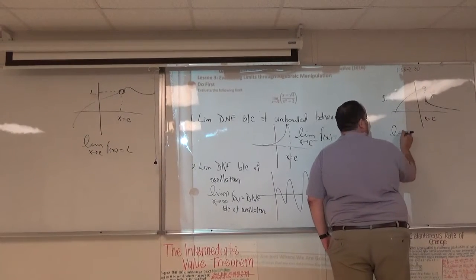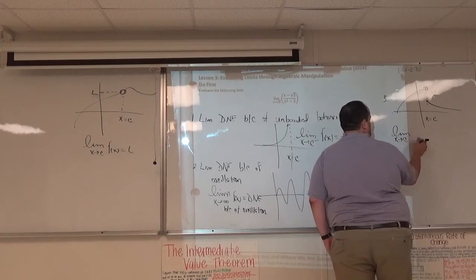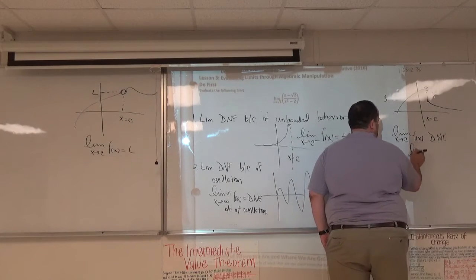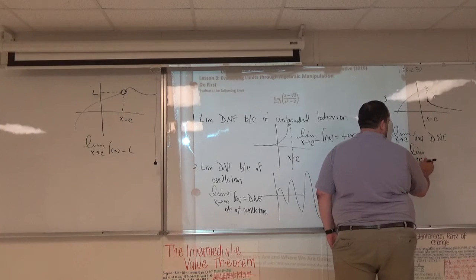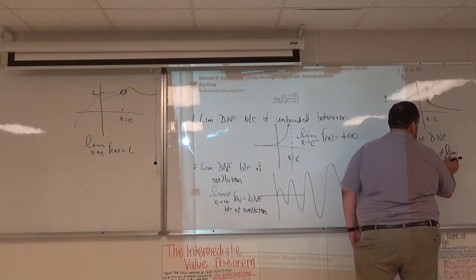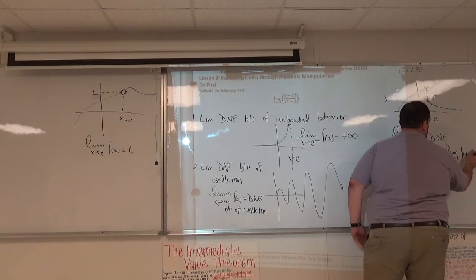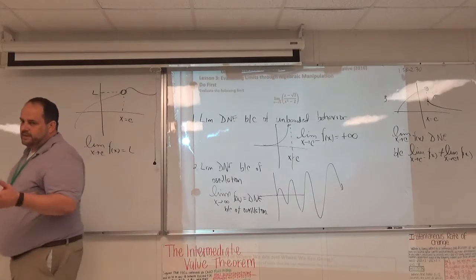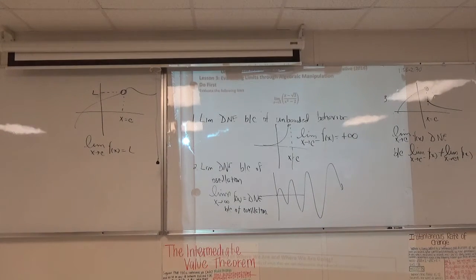Here's x equals c, and what I'd want to see on a paper is the limit as x approaches c of f of x does not exist because the limit as x approaches c from the left is not equal to the limit as x approaches c from the right. You never get to just say limit doesn't exist. You're going to have to tell me limit doesn't exist because.